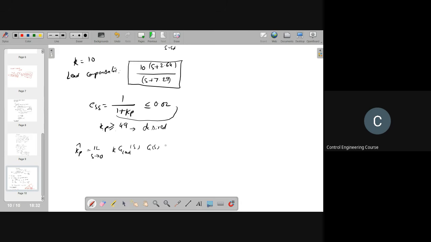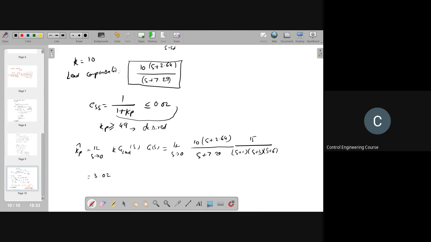That is equal to limit s tends to 0 of 10 into (s plus 2.64) by (s plus 7.29) into 15 by (s plus 1)(s plus 3)(s plus 6). So this will be 3.02.